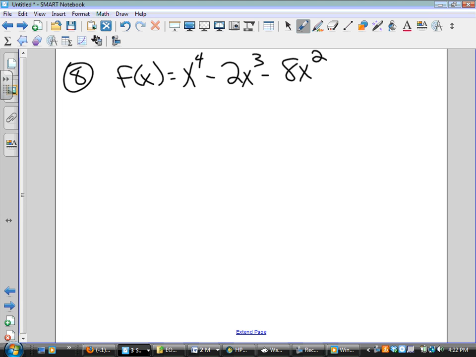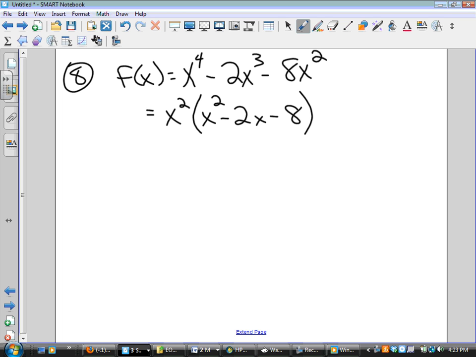In fact, I see 2 x's in everything. So I'm immediately thinking that if I need to, I can factor out an x squared. In fact, let's go ahead and do that. X squared, if we factor that out, we're left with x squared minus 2x minus 8.